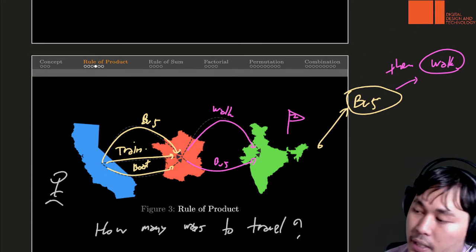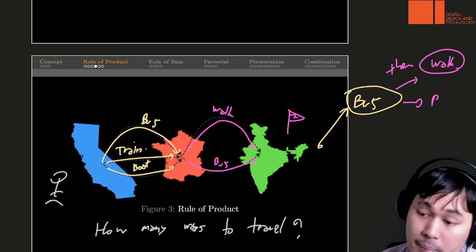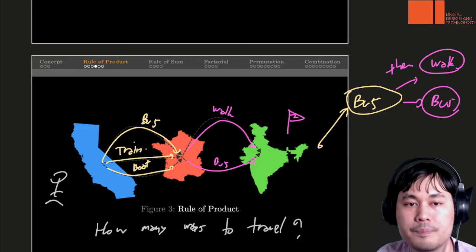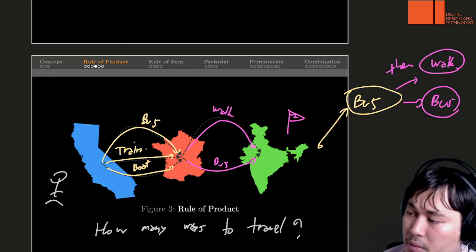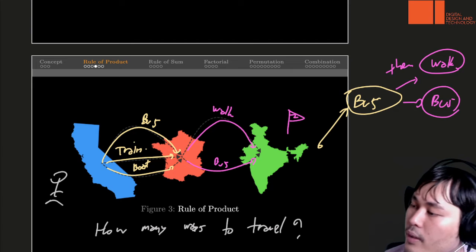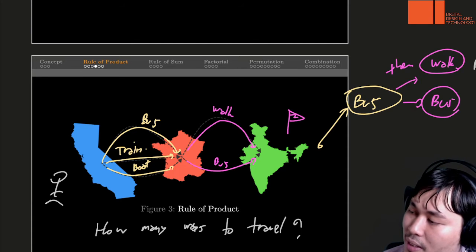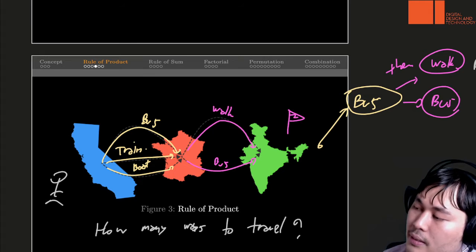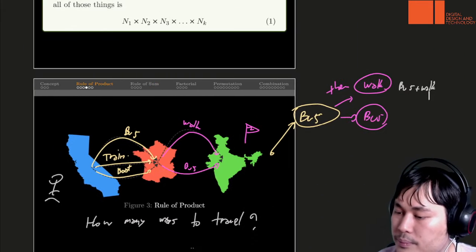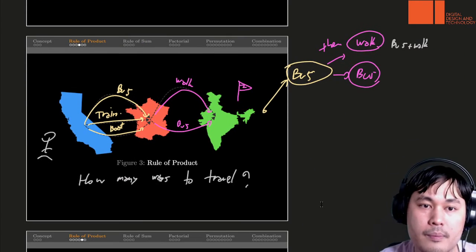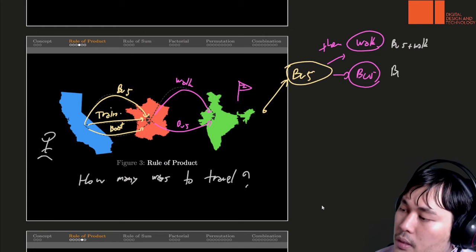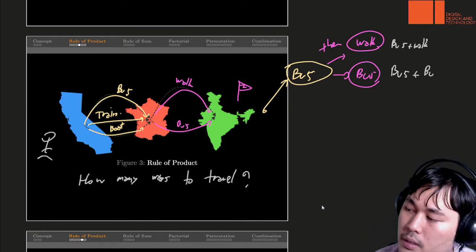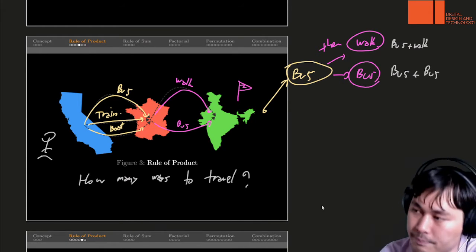Or you can take a bus and then take another bus. And that's the first option, bus and then walk. If you had to write it down, then it's that, bus plus walk. And that's your first option. And you can take a bus and then another bus. That'll be your second option.